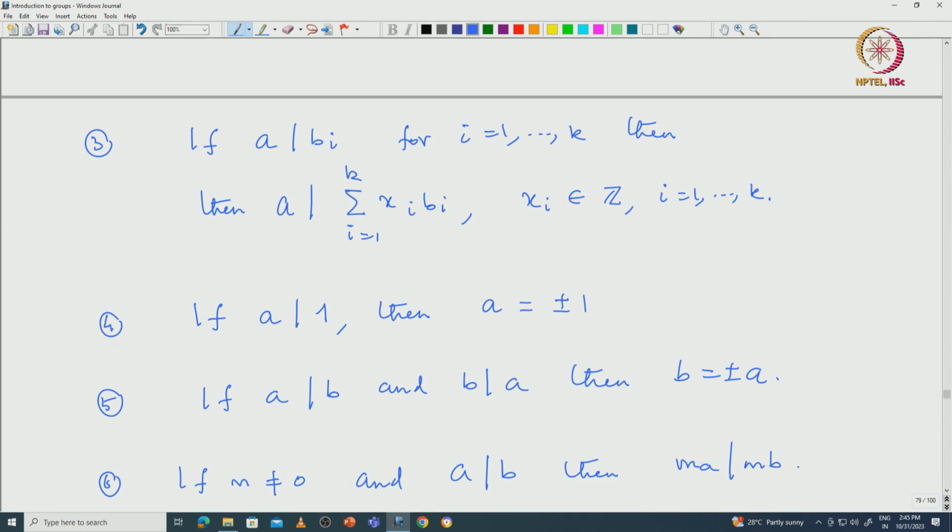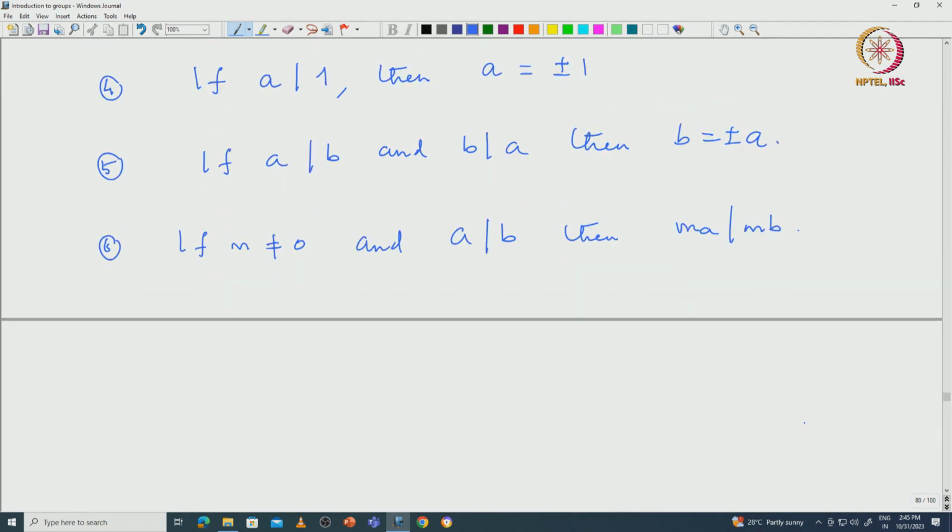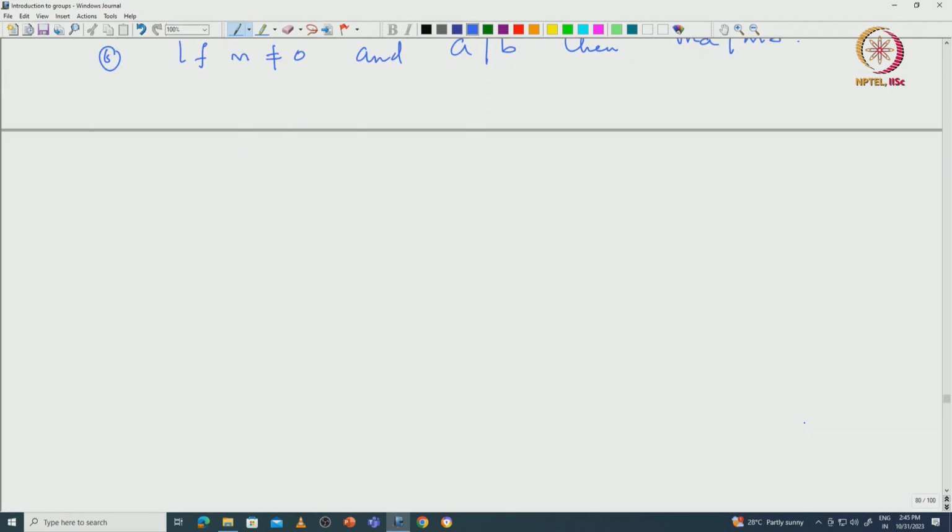Now we will see an important result that you prove in elementary number theory called the division algorithm. I will give you a proof that is somewhat more algebraic, in some sense that uses the coset property of the integers.